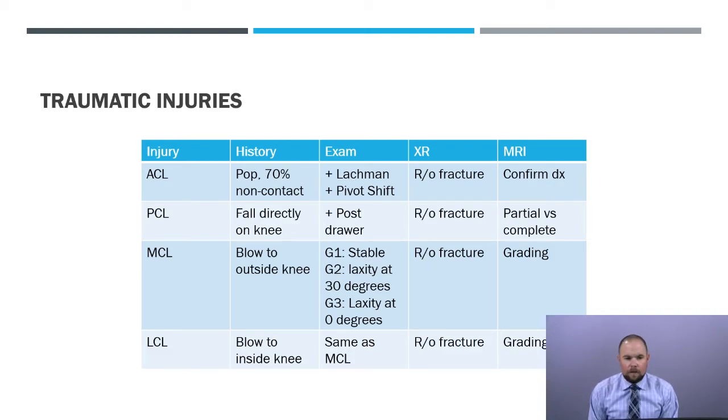On the anterior cruciate ligament and the posterior cruciate ligament, it is important to get MRIs to confirm the diagnosis, and then also if you're having your higher grade, specifically the medial collateral ligament injury, if I have a grade 2 or higher suspicion on clinical exam, I will get an MRI to make sure there's no other subsequent injuries. You will typically see some ACL injuries and meniscal tears with this as well.